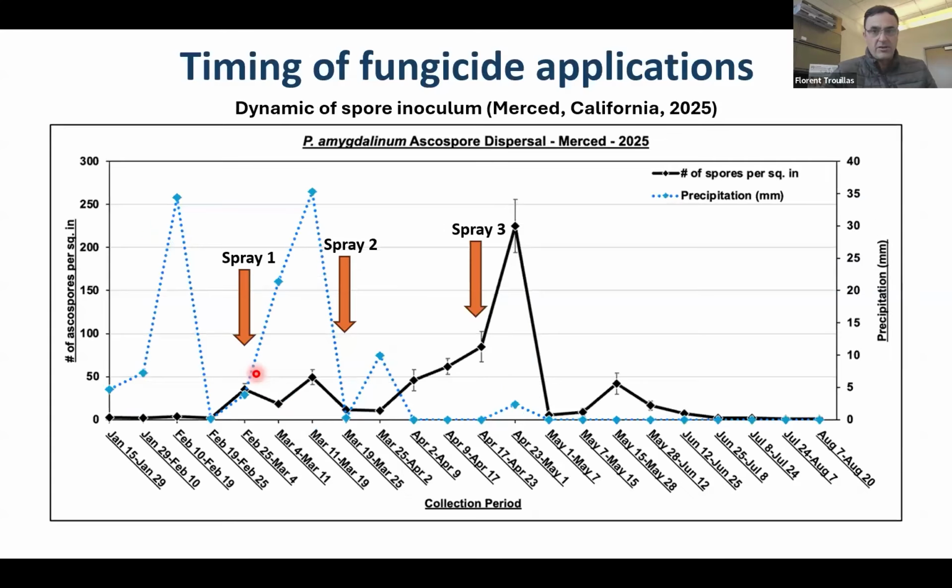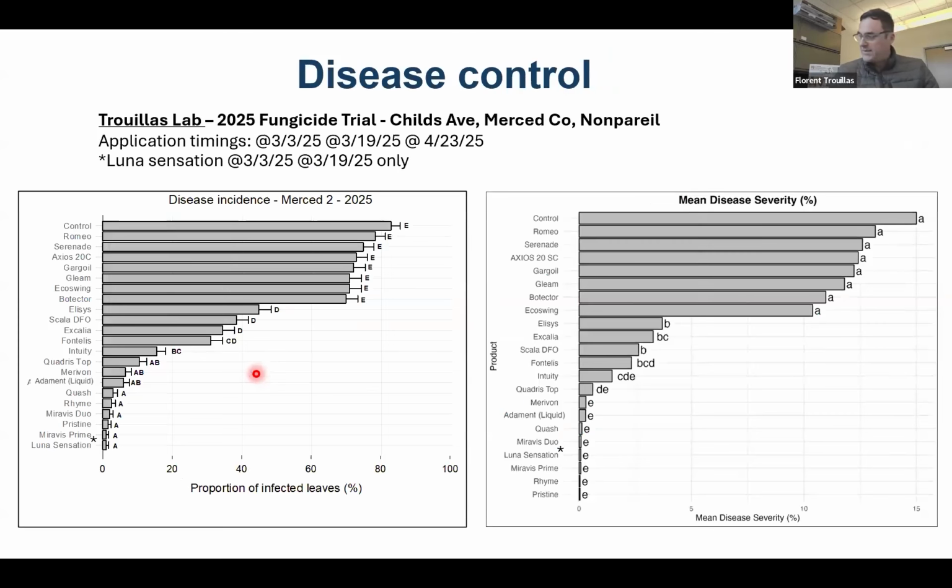So that's what we did in this fungicide trial. We had multiple locations, Stockton and Merced, again spraying the trees just before the rain, which was optimal for assessment of fungicide efficacy. And so what we've seen right there, these are data for Merced. We worked with Nonpareil. On that specific block, we had 3 application timings, as I just mentioned.